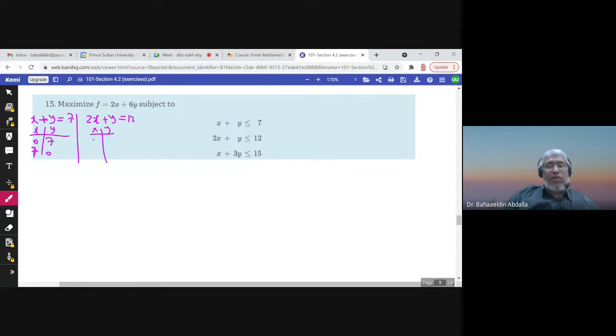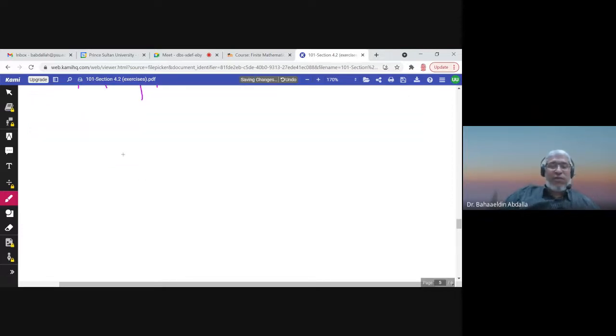So if x is 0, y is 12, and if y is 0, x is 6. Okay. The third line, x plus 3y is 15. So if x is 0, y is 5, and if y is 0, x is 15.